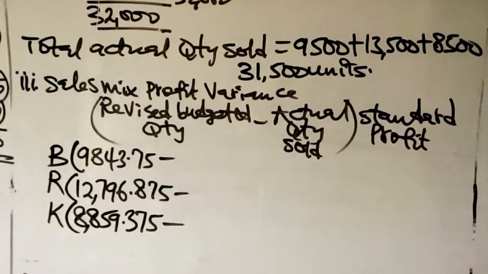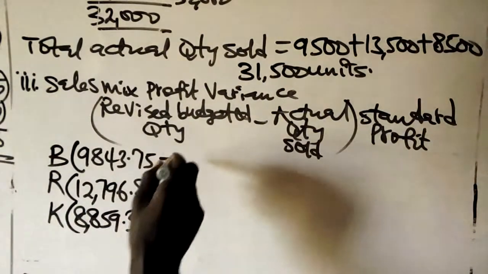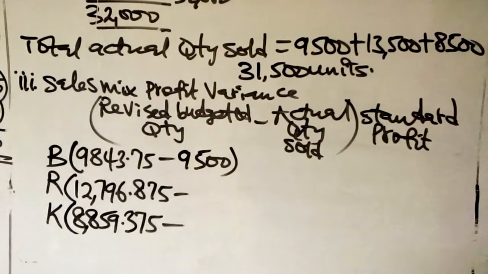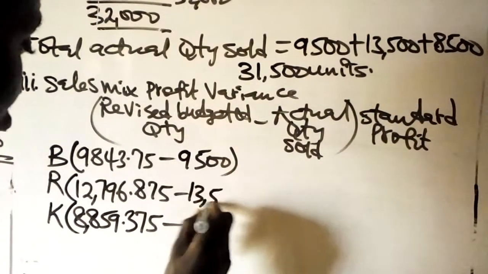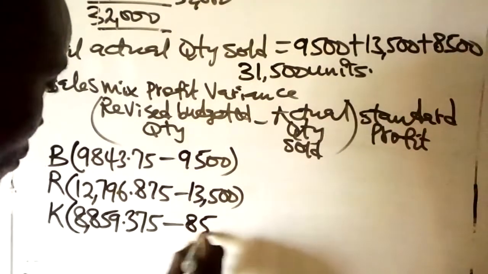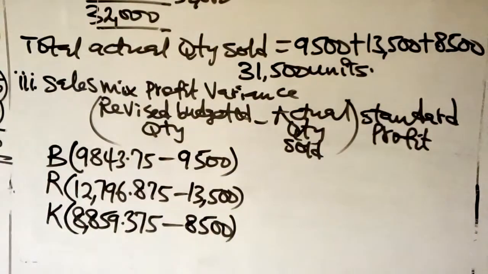So our actual quantity sold is 9,500, 13,500, and 8,500 for B, R, and K respectively.